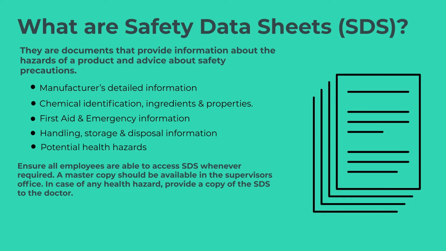Always ensure that all employees are able to access the safety data sheets whenever required. A master copy should be available in the supervisor's office. In case of any health hazard, provide a copy of the relevant SDS to the doctor. You can access all product safety data sheets online at cleanplus.com.au.